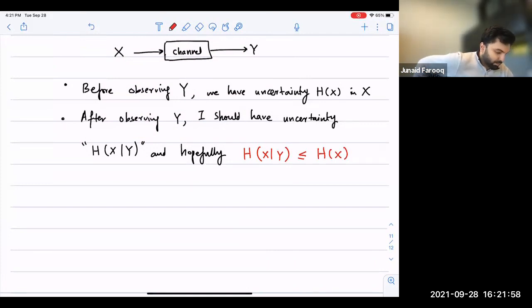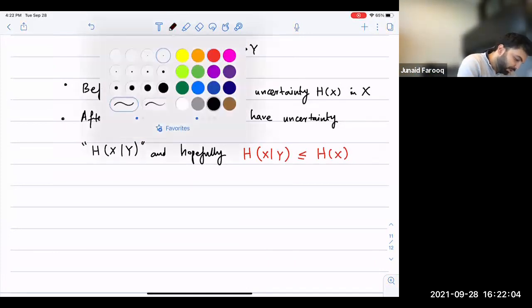We will see this a bit later, but let's talk first about what the conditional entropy is.